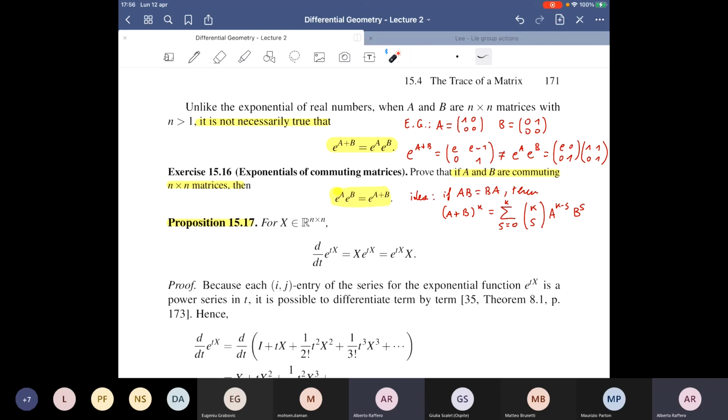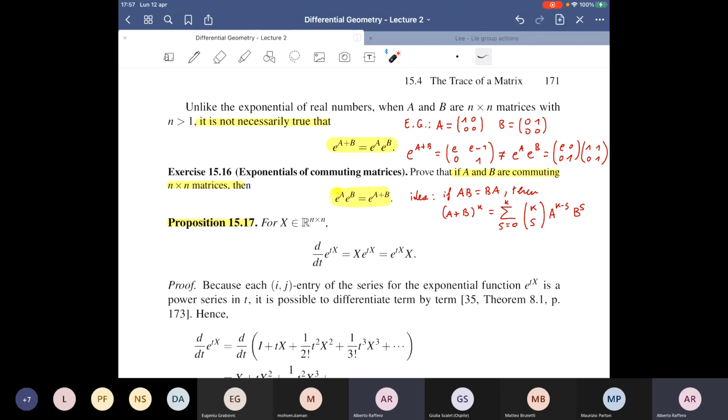And moreover, you can show that this actually holds if the two matrices commute. And this is because if they commute, then you can use the usual expression for the kth power of the sum using this expansion, which is the usual expansion you already see in algebra for the kth power of a sum of real numbers.